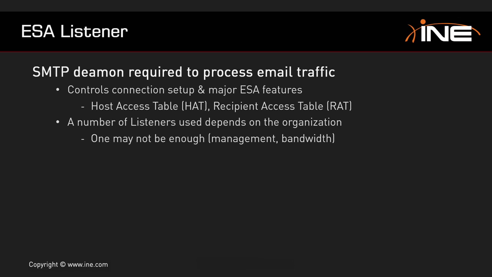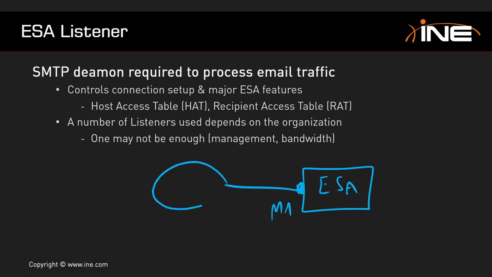So for instance, if this is going to be my M1 and my ESA, and let's say that this M1 is going to be connected to a firewall, and this is my DMZ. Okay, so this is physical interface M1 that uses one listener, which is expecting connections to be coming on TCP port 25.